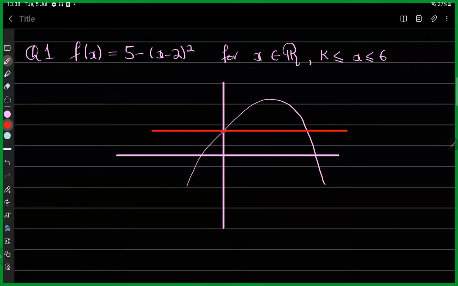If I make the line here, everywhere the line is intersecting the graph at 2 points. So using the horizontal line test, or just by looking at the appearance of the graph, I clearly know that for two different values of x, I have one value of y, and this is certainly a many-to-one function, and a many-to-one function cannot have an inverse.